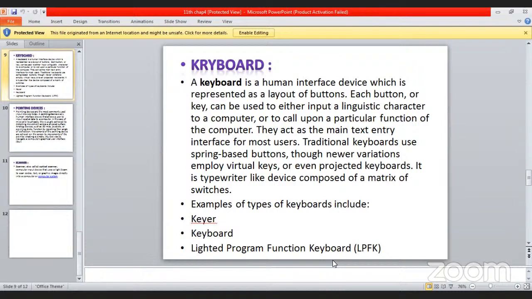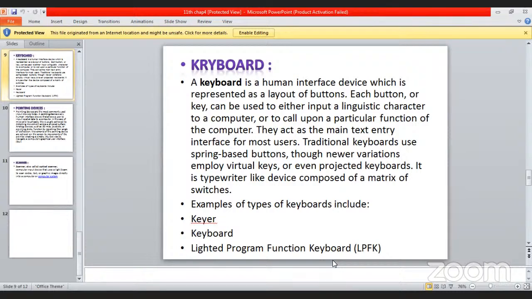Next, we can see the wireless keyboard. That wireless keyboard is mainly connected using Bluetooth or radio frequency technology to connect the keyboard with the computer device. So we can put the keyboard anywhere, and a parent system is not needed near the keyboard because it is wireless.